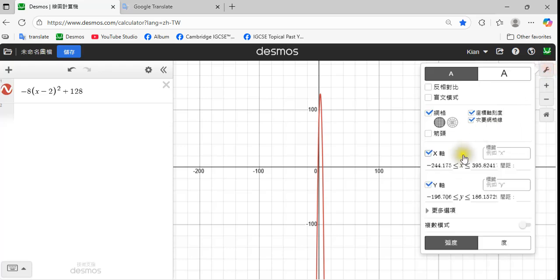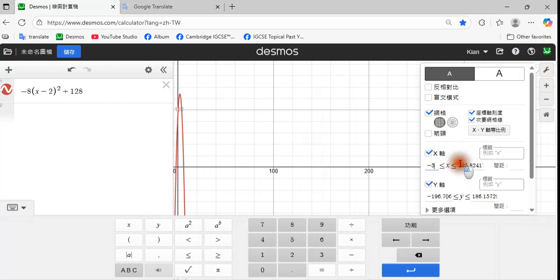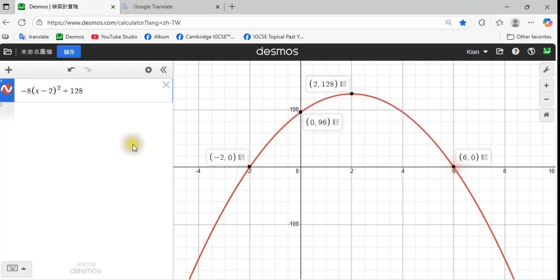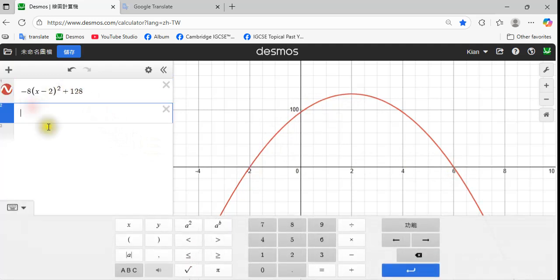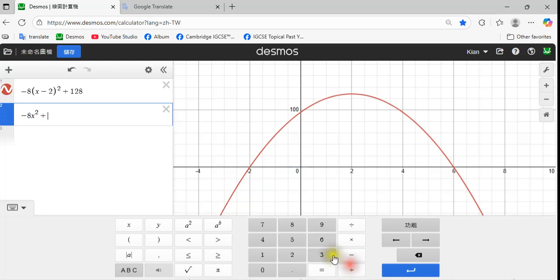Okay, so this is how the shape looks like. So the x is from -5 until 10. Okay, so 128, 96, -2, and 6. So the original equation is actually -8x squared plus 32x plus 96. Okay, so these two are the same.